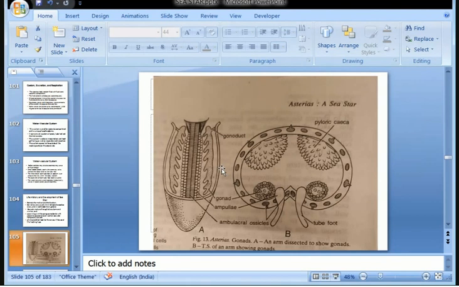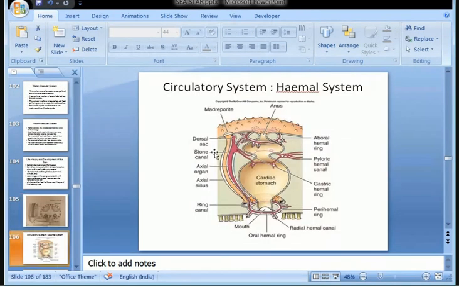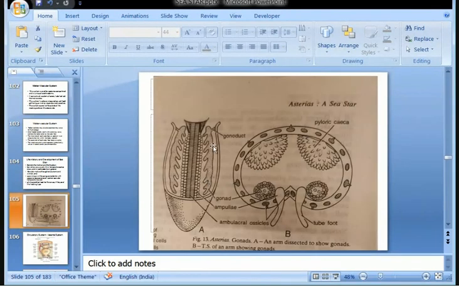Now there is one theory that says that gametes are not formed in these structures. They are just stored in these structures. Rather, the gametes are formed here in this axial gland. And from here, they are transferred to these structures. They are transferred and they mature here, and then they are released from here.